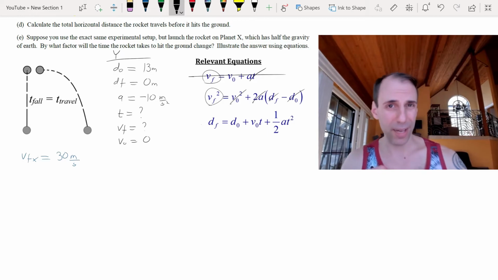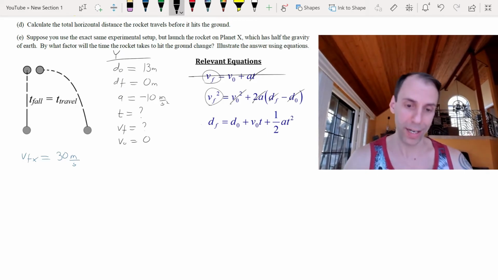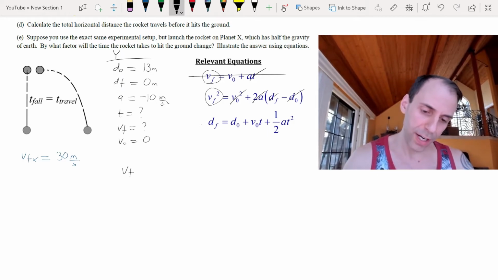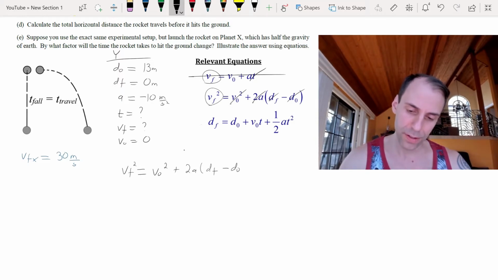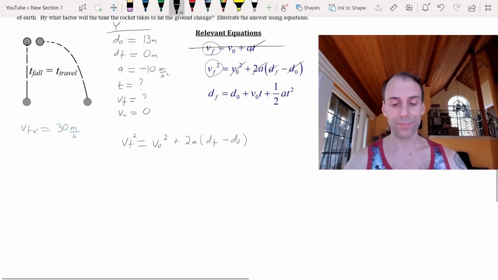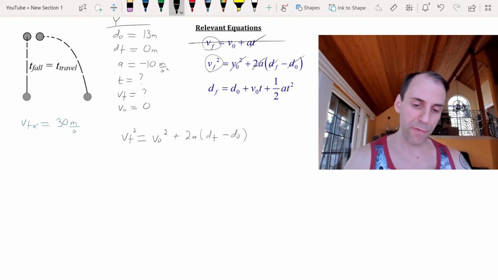Again, I recommend when you're getting used to these equations, write them out. V final squared is equal to initial velocity squared plus 2 times the acceleration times the change in distance, D final minus D initial. V final squared is what we're solving for. V initial is 0. 0 squared is still 0.